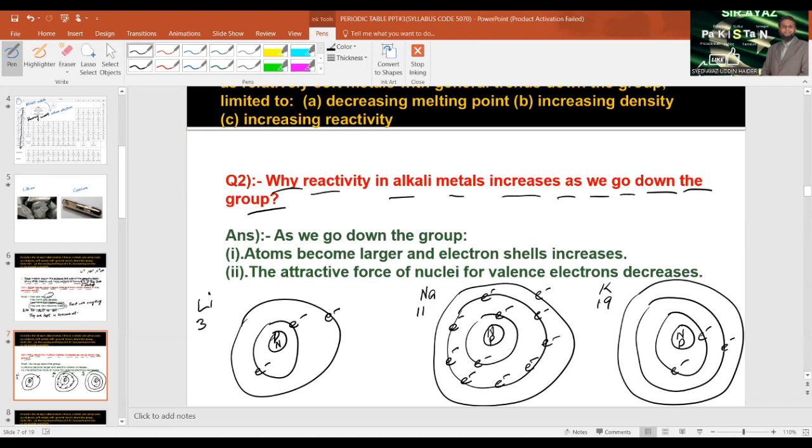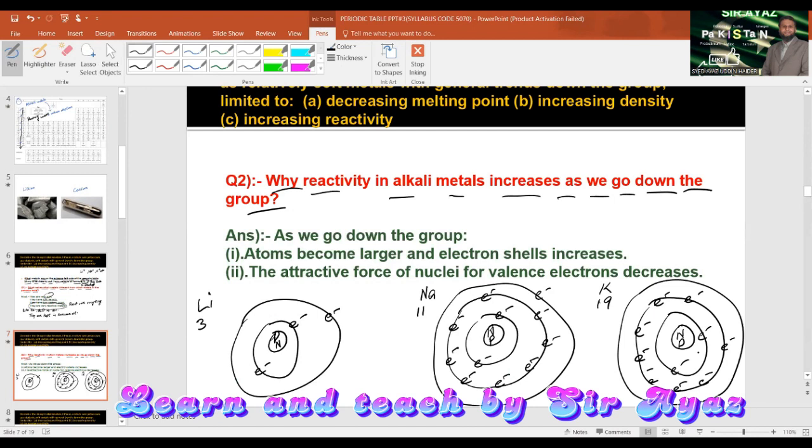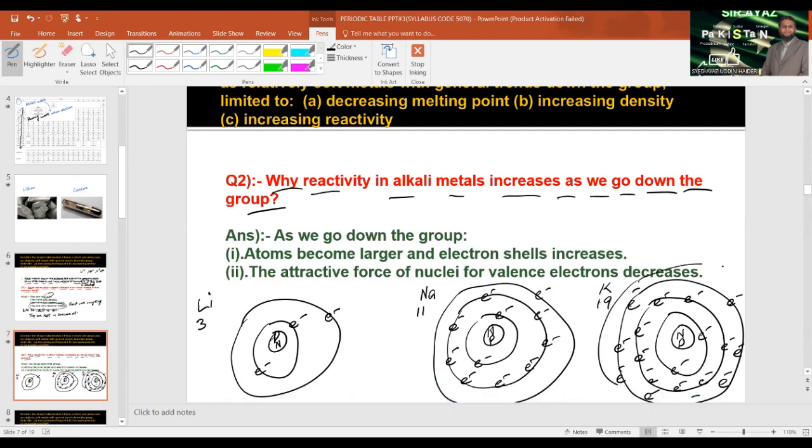In the second shell, 8 electrons. 8 plus 2 is 10, and 19 minus 10, 9 electrons are still left. So in the third shell, there will be 8 more electrons. Now 1 electron is left, which will come in the fourth shell.